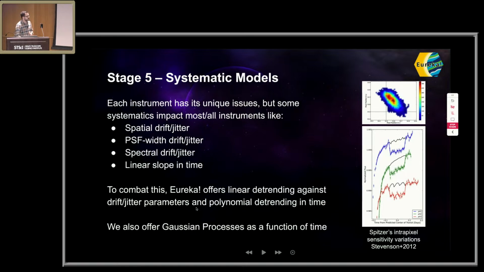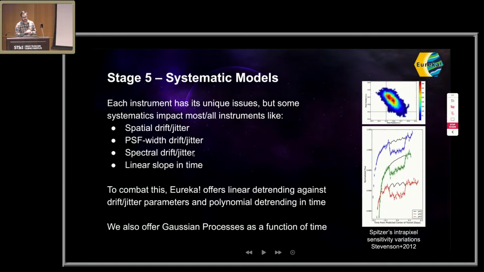And so Eureka allows you to linearly detrend against all of these drift and jitter parameters. The first two are particularly useful. Again, the spectral drift and jitter are typically much less useful. Currently we're only doing linear detrending against those because that seems to be good enough. But if ever you think that's not good enough, let us know and we can add polynomial detrending.